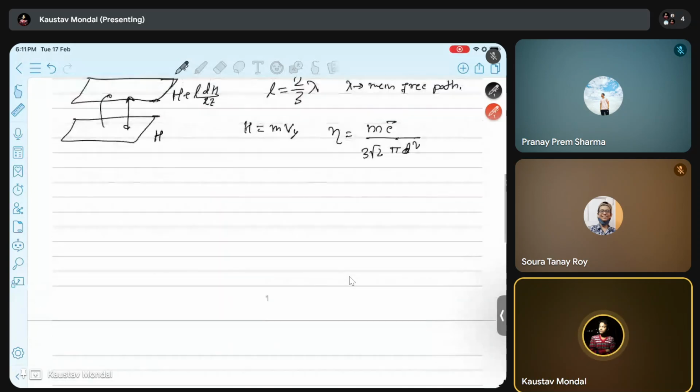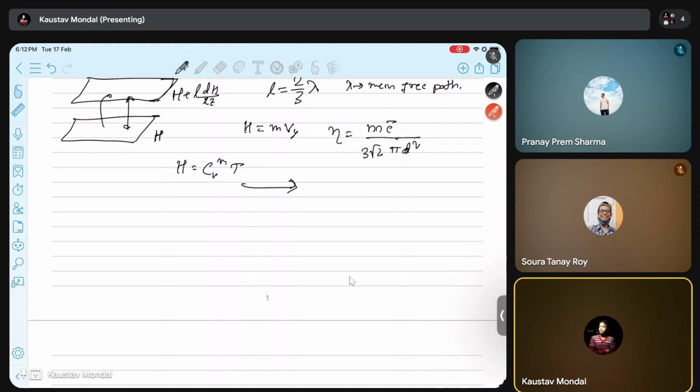If you consider h as heat, as a physical quantity here, then h would be equal to cvm into t, that is the specific heat. In that case we have calculated the heat conduction coefficient, this kappa, the coefficient of heat conduction.